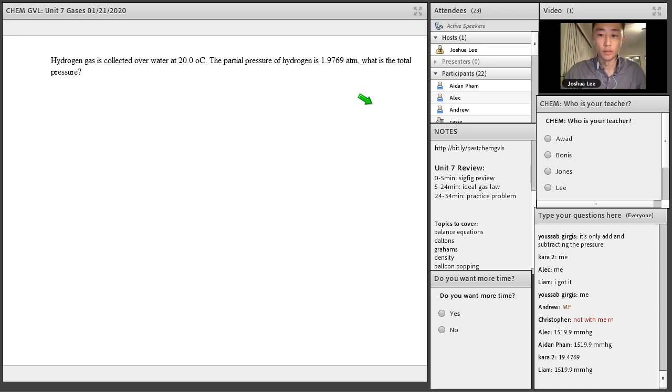But since Car didn't give us a unit, we don't know what unit she's in.